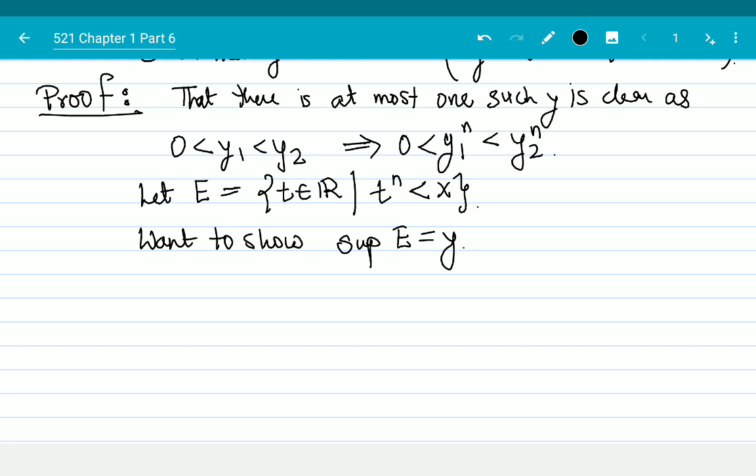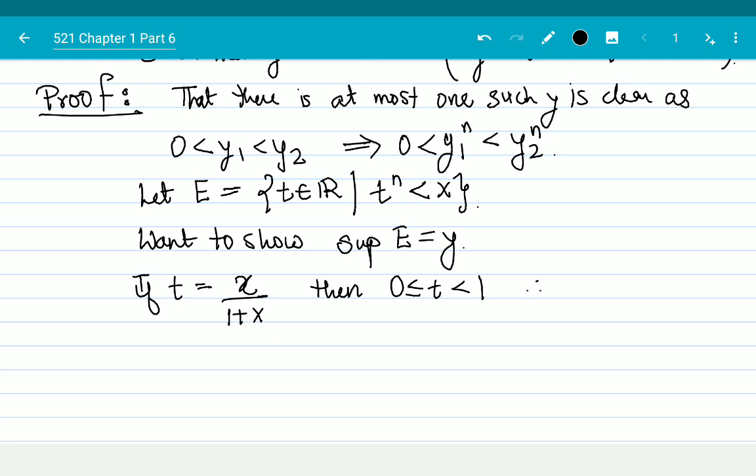So if t is equal to x over 1 plus x, then first of all, 0 is smaller than or equal to t, which is strictly smaller than 1, right?